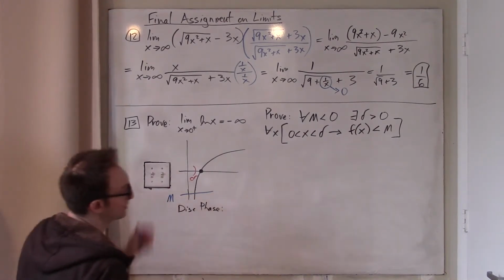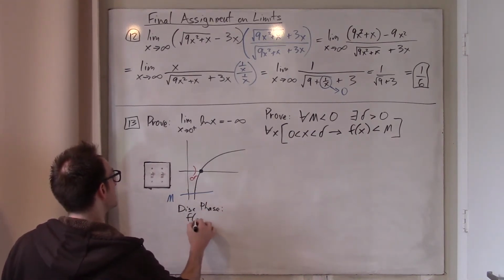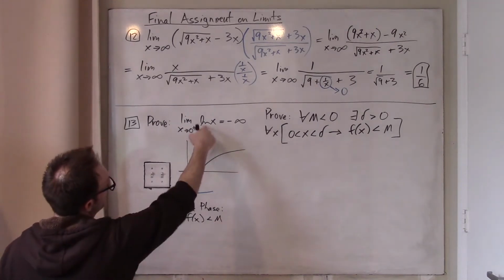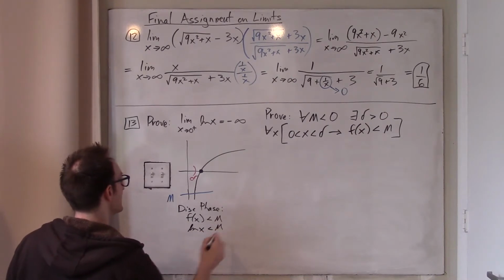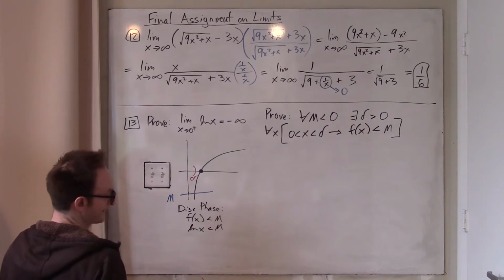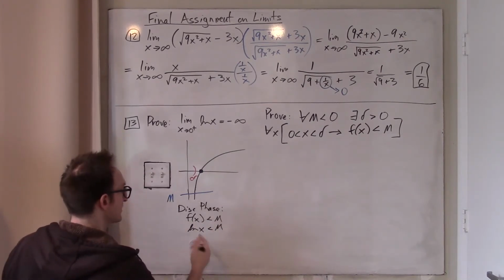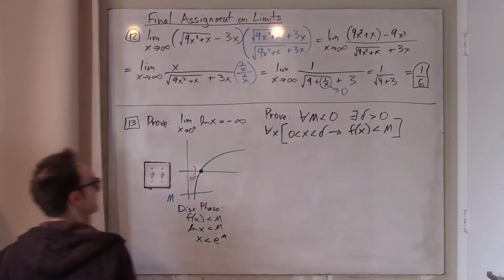What do I need to be true? I need it to be true that my function is less than m. And what is my function? It's natural log. So I need natural log of x to be less than m. And okay, well, when is natural log of x less than m? I'm just going to e up both sides of this. So this will be true when x is less than e to the m.